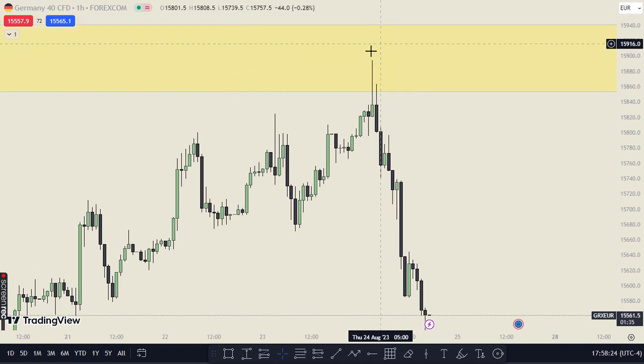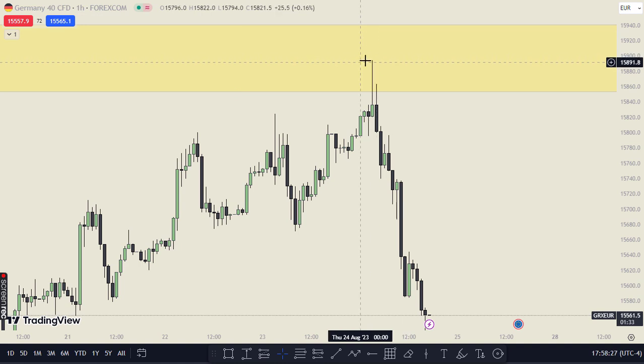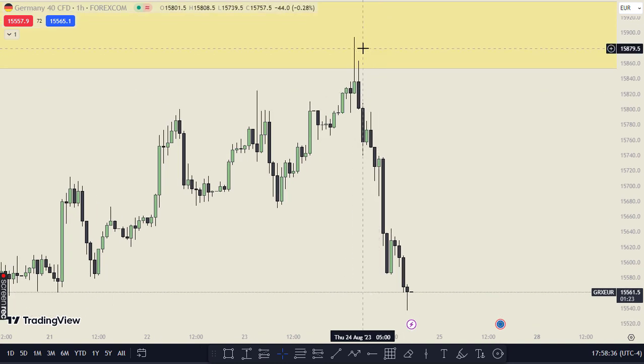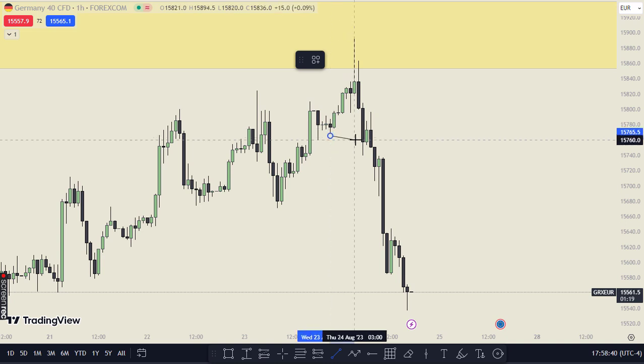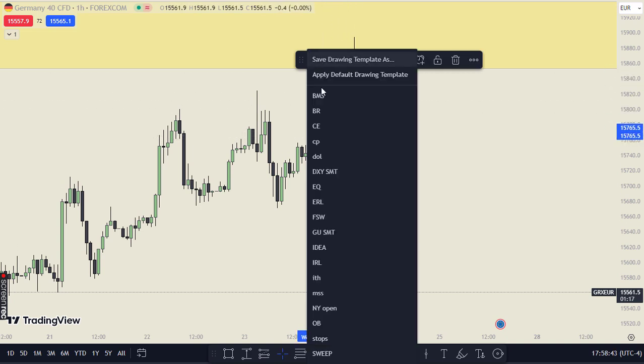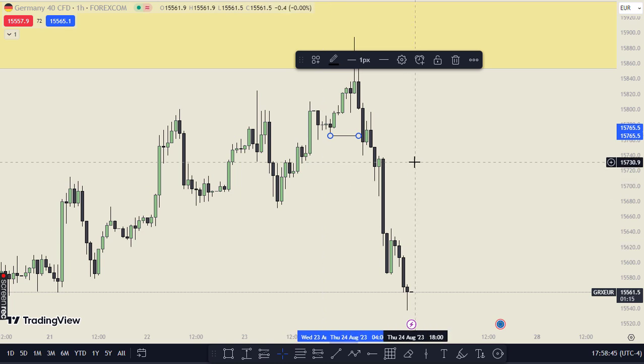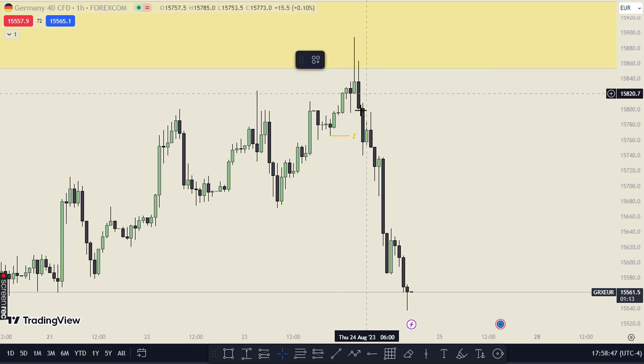We touched that order block to the consequent encroachment of it, or the mean threshold, so 50% of that order block. And what do we have next on the 1 hour? A market structure shift. As you can see here, the body closing below this recent swing, and returning to what? Fair value gap. So let's draw that here.